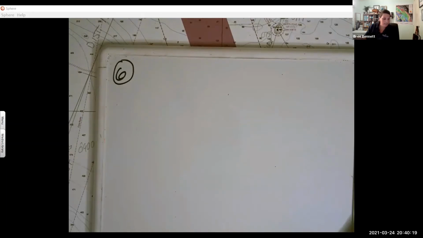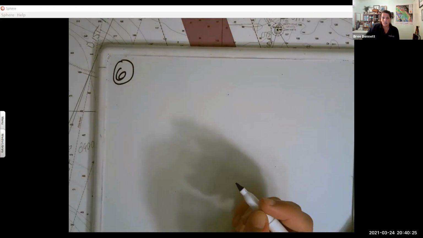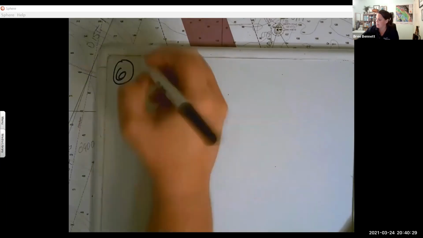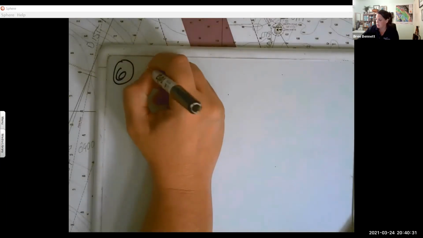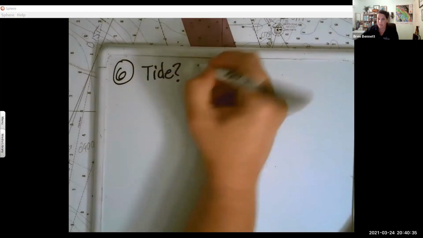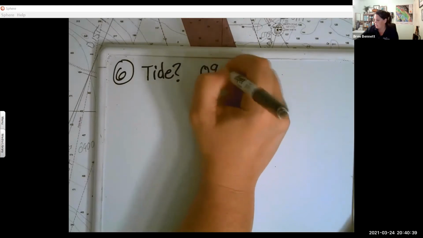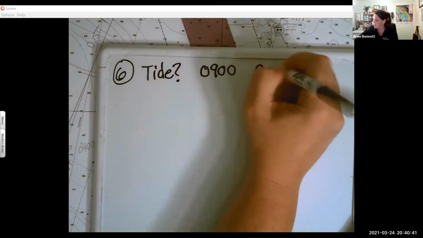So number 6, what is the height of tide in Manzanillo, Mexico at 0900 on October 11th? So tide is our question mark. 0900 October 11th.